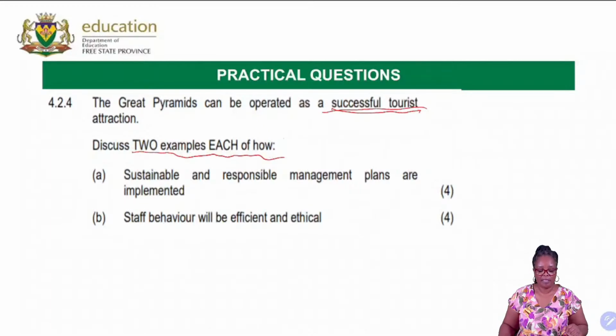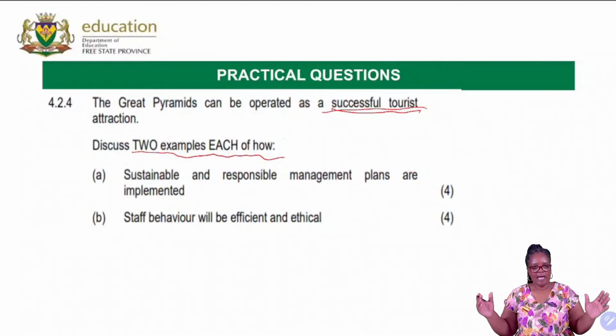So here, we say that the vendors and the staff will be trained on providing quality products. It means they are not going to sell substandard things to the tourists. They are going to sell good things to the tourists.